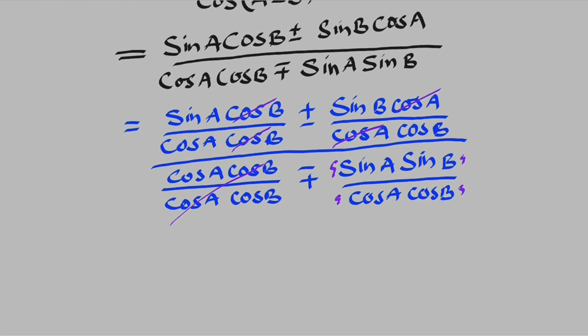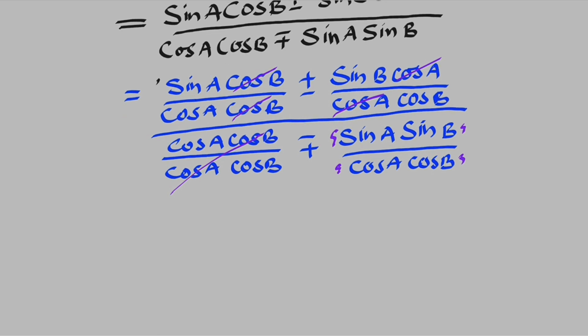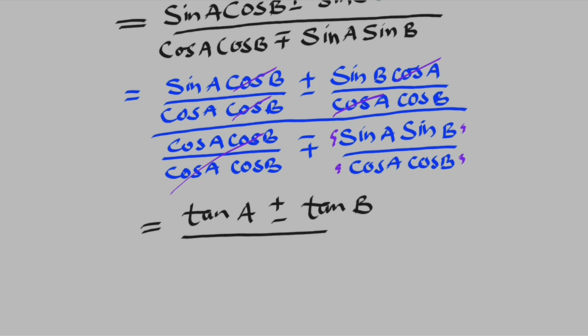So now let us continue. From the top, this is the only thing we have, sine A over cos A, which is tan A. Plus or minus. Here, cos A and cos A are gone. We have sine B divided by cos B, which is the same thing as tan B. The whole of this divided by, the whole of this is gone.